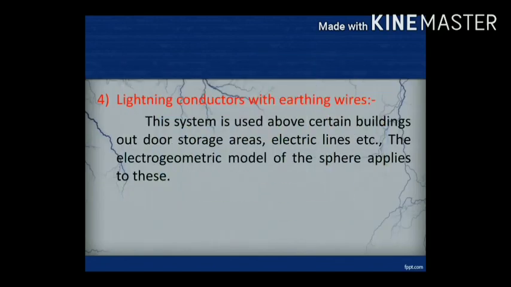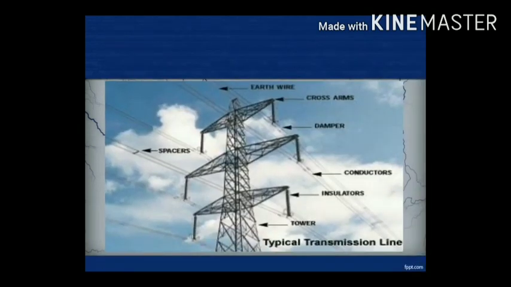Fourth one is lightning conductors with earthing wires. This system is used above certain buildings, outdoor storage areas, electric lines, etc. The electrogeometric model of the sphere applies to this. This is an image of lightning conductor with earthing wire.